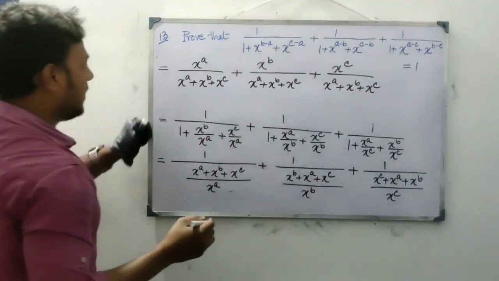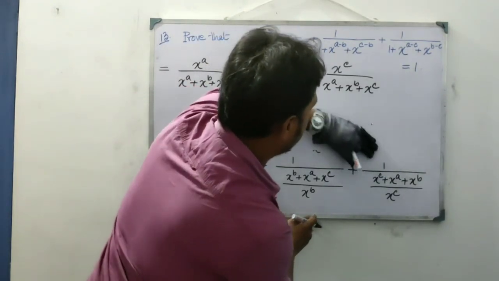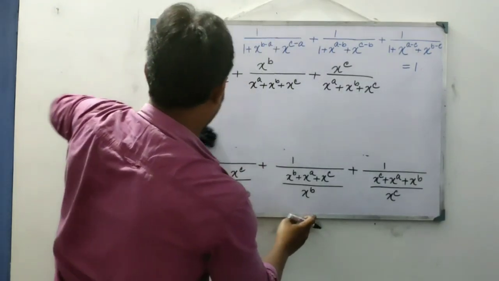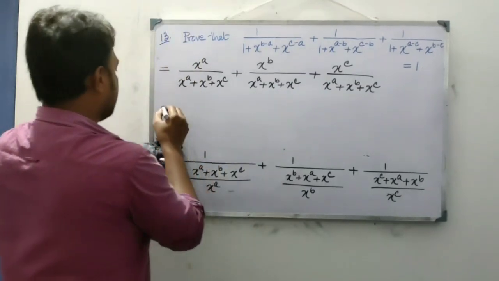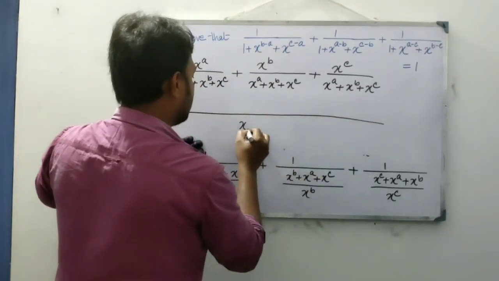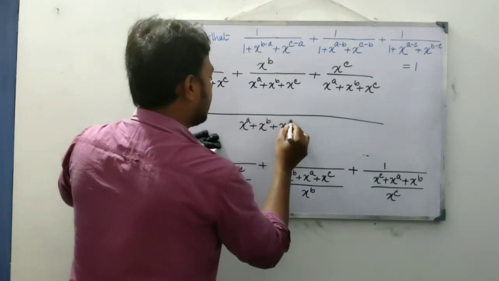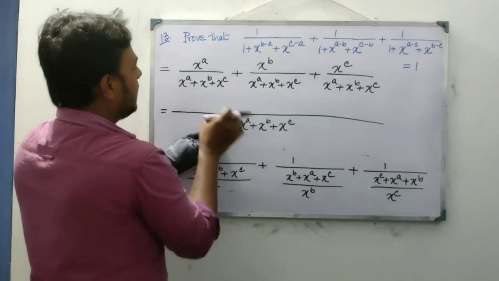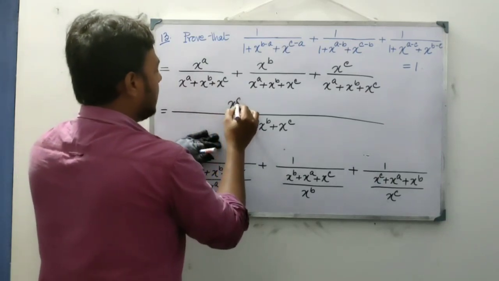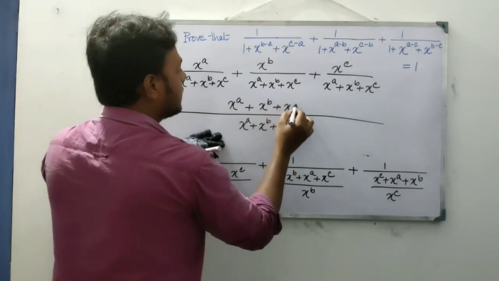Understood? So next line, again consider LCM. The LCM will be x to the power a plus x to the power b plus x to the power c. So if we divide this, then it will be 1, and the numerator will be x to the power a only, second one x to the power b, third one x to the power c.